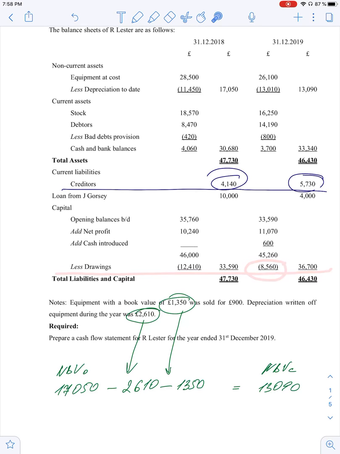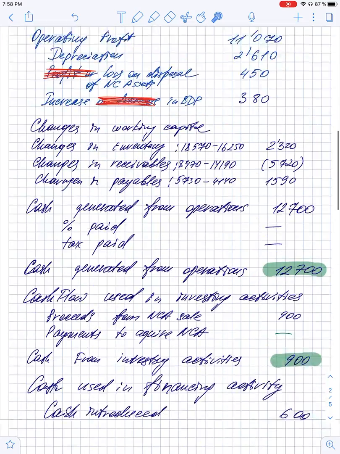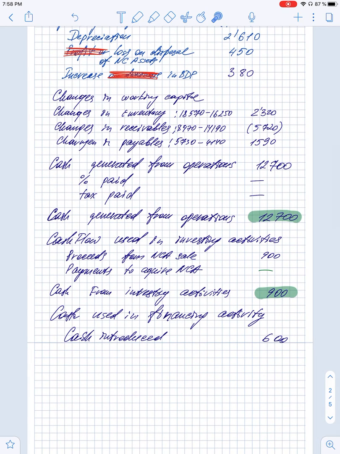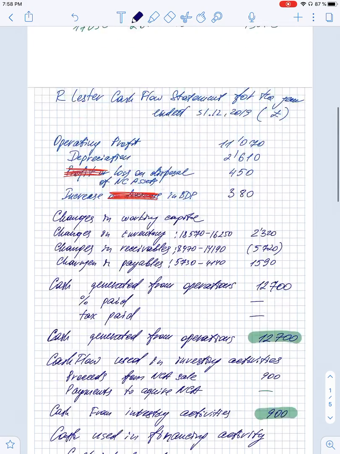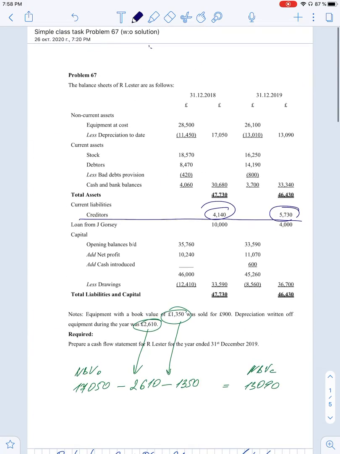So that amount was withdrawn by the owner of the company in cash, certainly. So we have to consider this as a decrease in cash in financing activity. So drawings 8560, decreasing total cash.